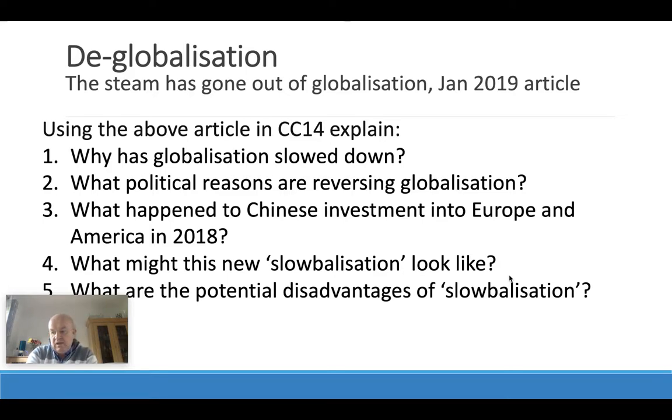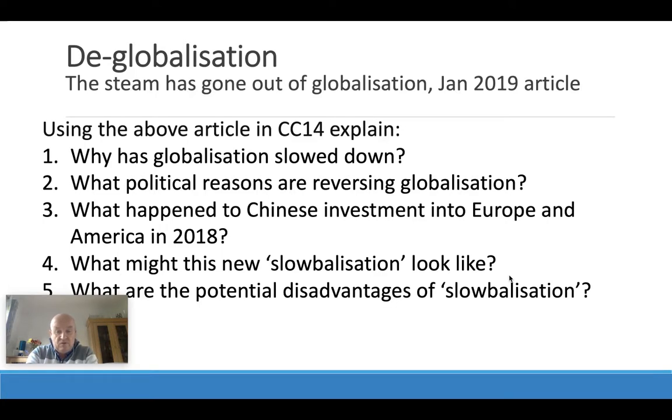It's all well and good saying globalization is great, but particularly if we're talking about a 25-mark question, you're going to need to give the alternative view as well. So give all the positive factors for globalization, but also some of the issues around the negatives, then give a balanced view, and come up with a judgment to say whether you believe globalization is a good thing or a bad thing.